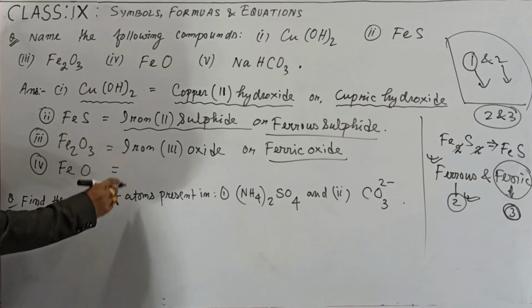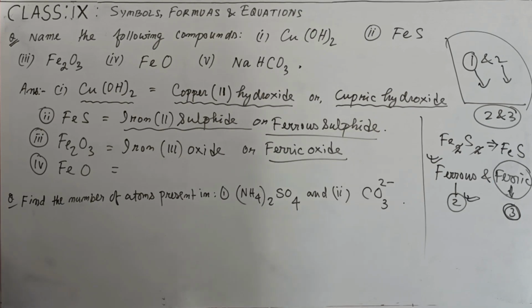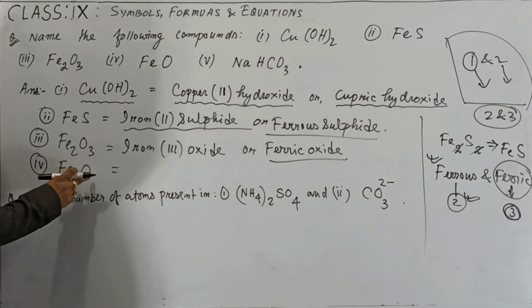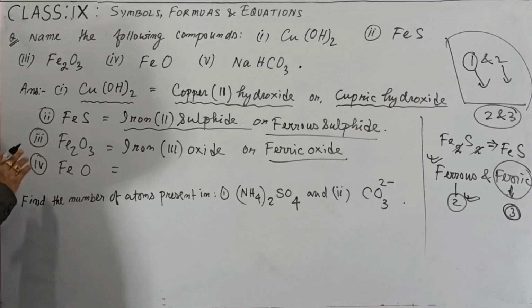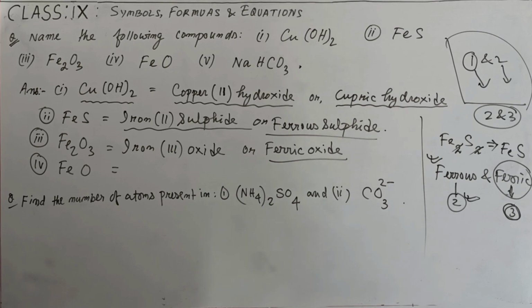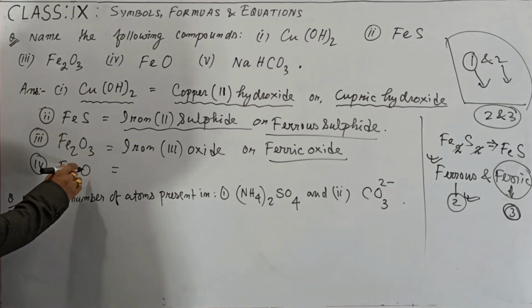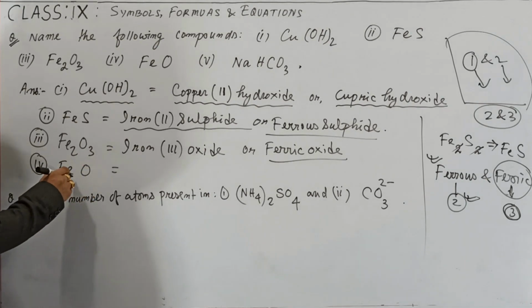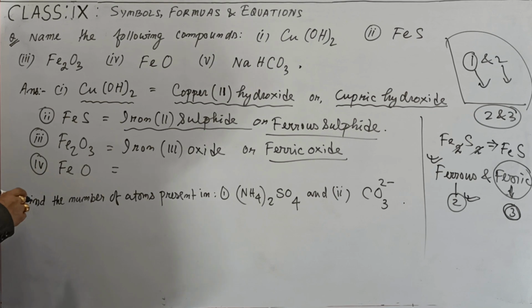And then Roman number 4, FeO. Here again you will come to know the valency for oxygen is 2, only one valency. That valency of oxygen should be written on the iron side, but it is not written. It means here in this case we are using valency of iron 2. Valency of iron 2 on this side, valency of oxygen 2 on this side, 2 cancel, and afterwards you have FeO.